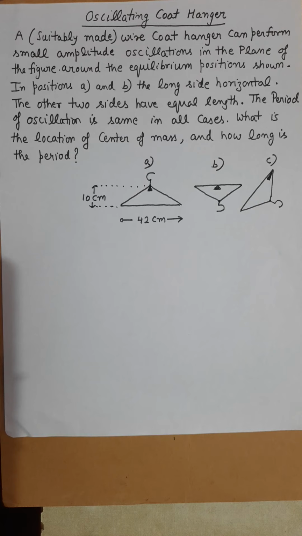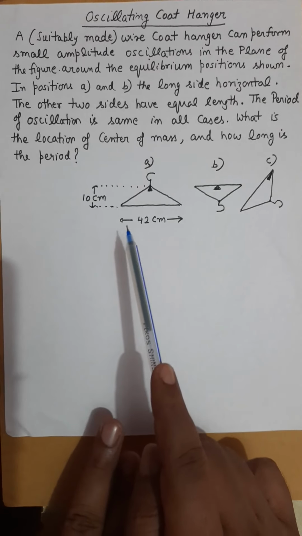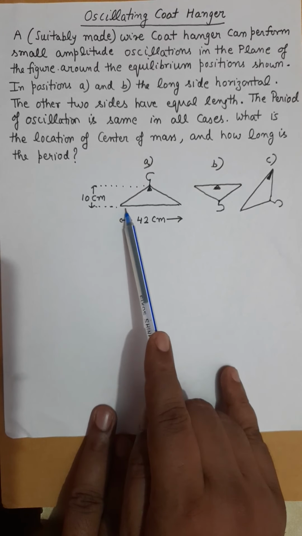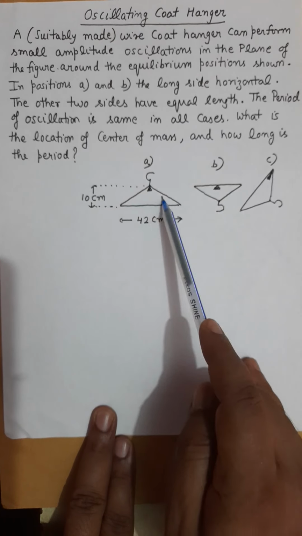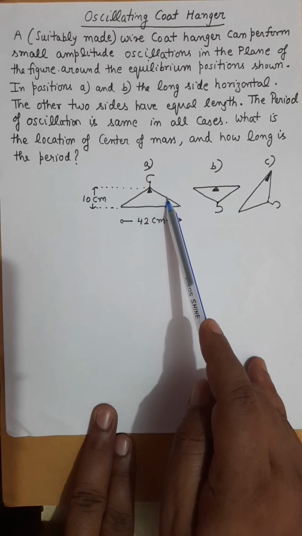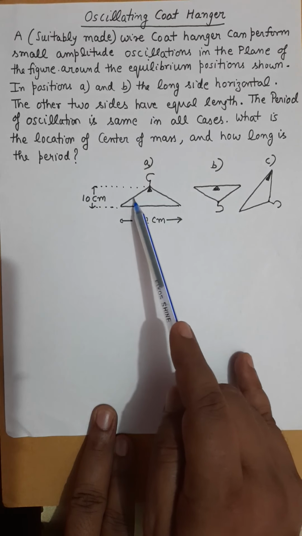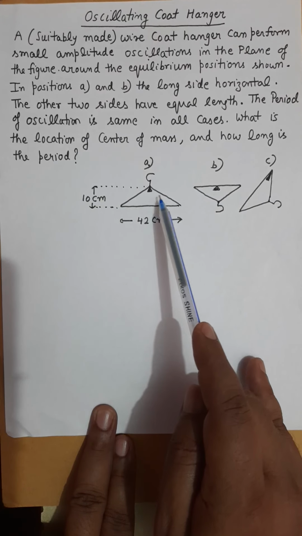In this question it is given that the dimensions of the hanger are such that the bigger side is 42 centimeter, whereas the two smaller sides are equal, but their length is not given. It remains a mystery, unknown to us.